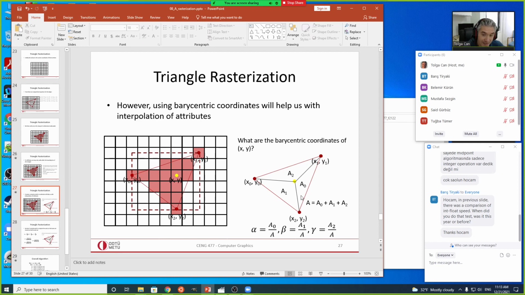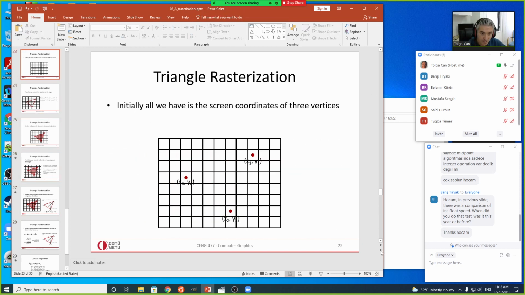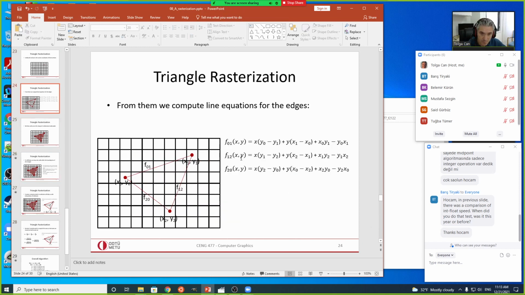Implicit line equations are going to help us in that regard. So we will be using implicit line equations to compute alpha, beta, gamma. You don't need to memorize these, but just know that after you have an implicit line equation implemented, you're going to have the edge equation.